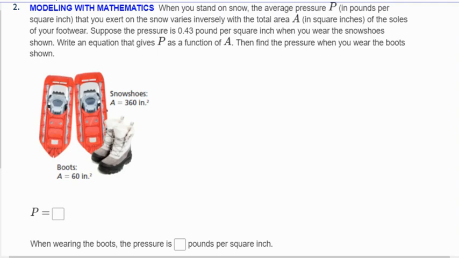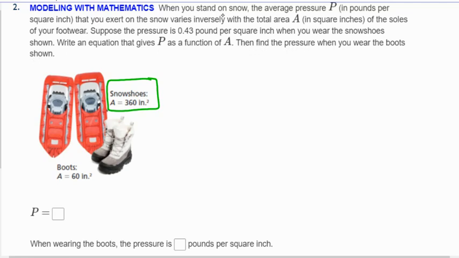So we're looking specifically at these snowshoes where A, the square inches of the soles of the snowshoes, is 360 square inches. Write an equation that gives P as a function of A, and then find the pressure when you wear the boots shown, okay?